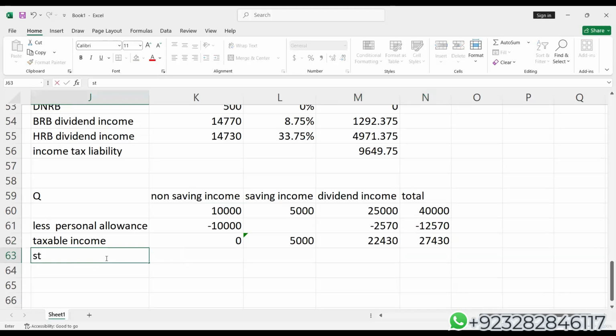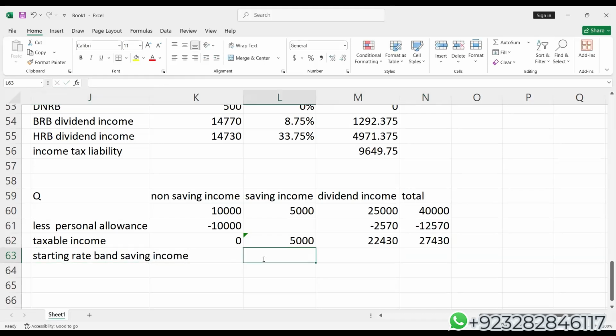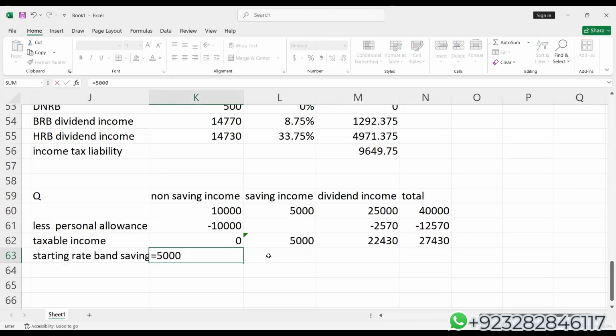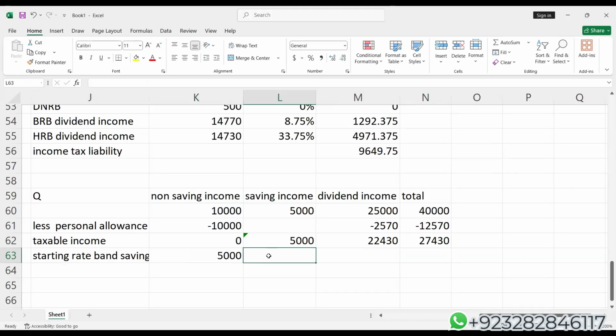So here comes the starting rate band, saving income. We'll take the entire 5,000. Applicable income tax rate is 0%.